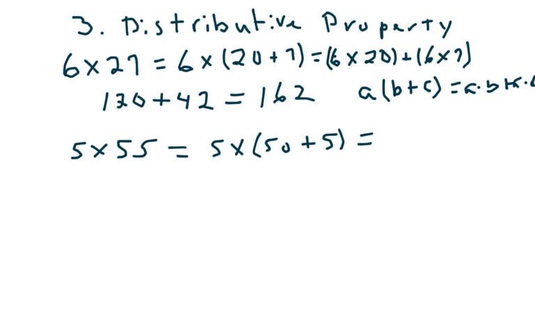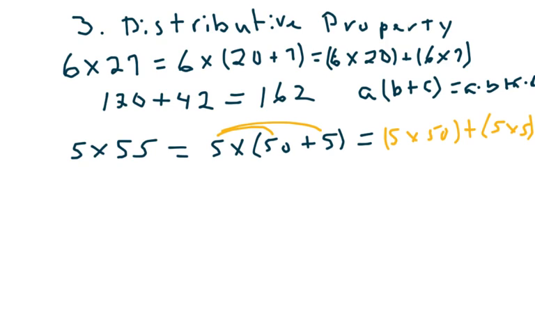Then distribute. You do 5 times 50 plus 5 times 5. Okay? That's the distributive property. 5 times 50, 5 times 5.